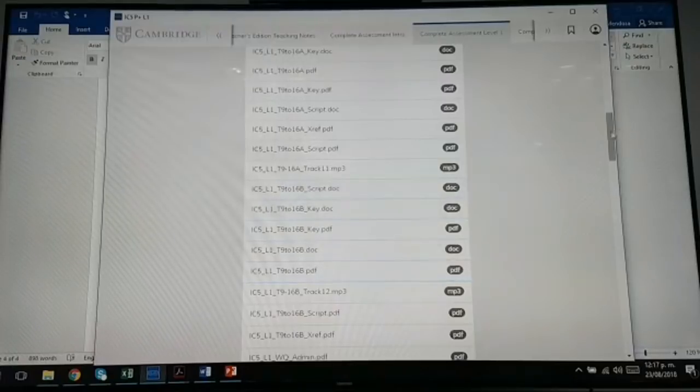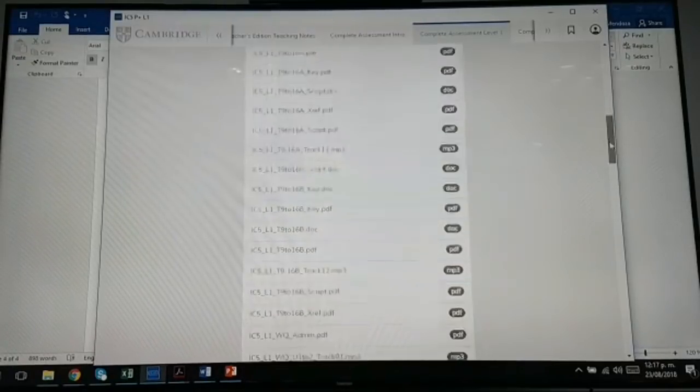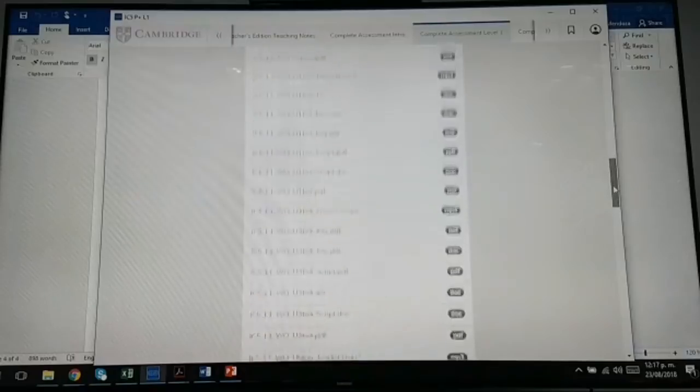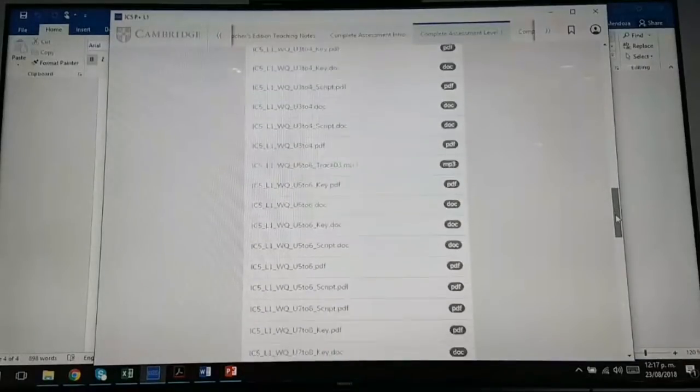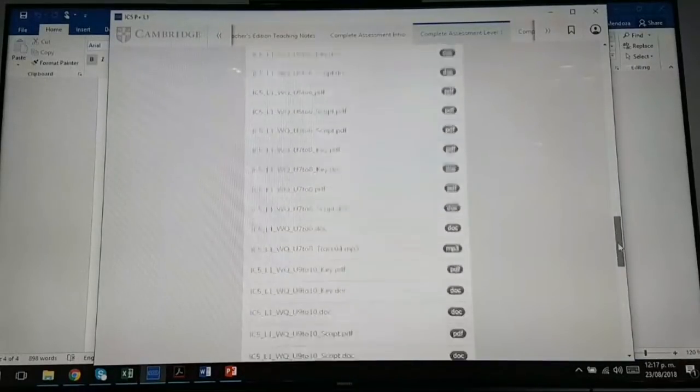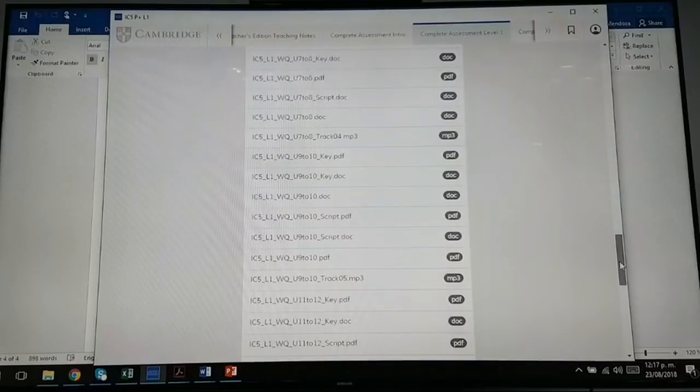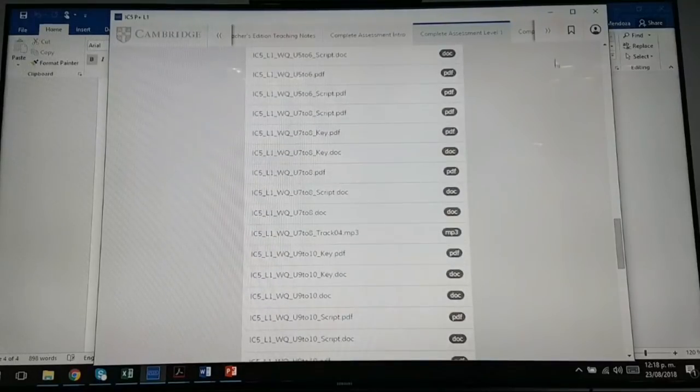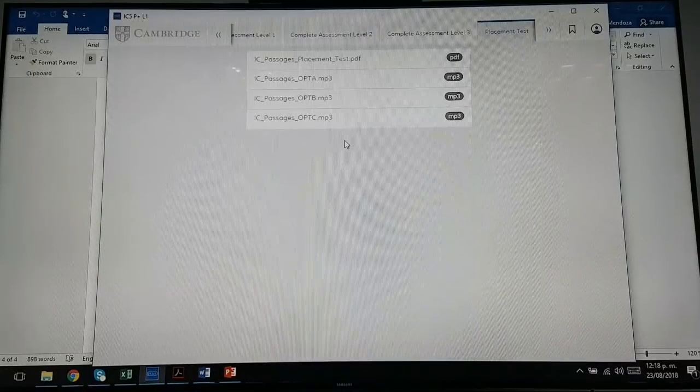So as you can see, it comes with a very comprehensive suite of components for you to be able to administer the test to your students at any given time. And you also have, okay, you also have a placement test, yeah? It may be administered in different ways.